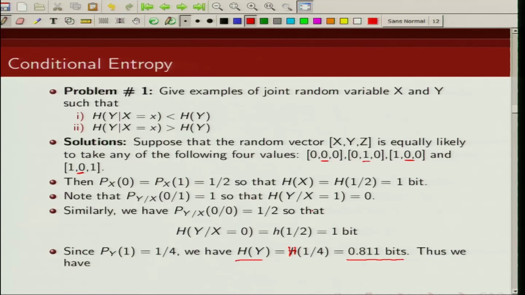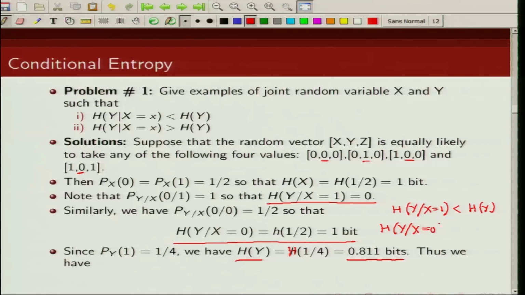Now given x equal to 1, the uncertainty in y given x equal to 1 is 0. So then h of y given x equal to 1 is less than h of y, correct. And h of y given x equal to 0 is 1, which is greater than h of y.